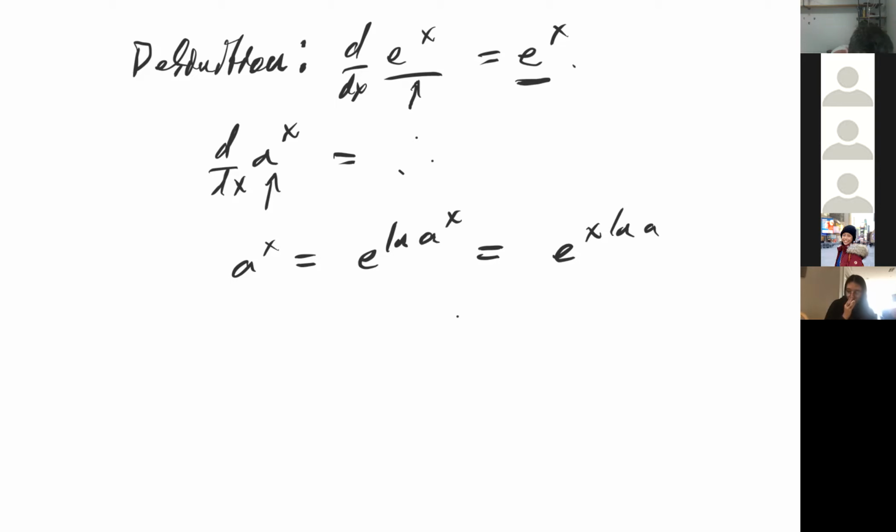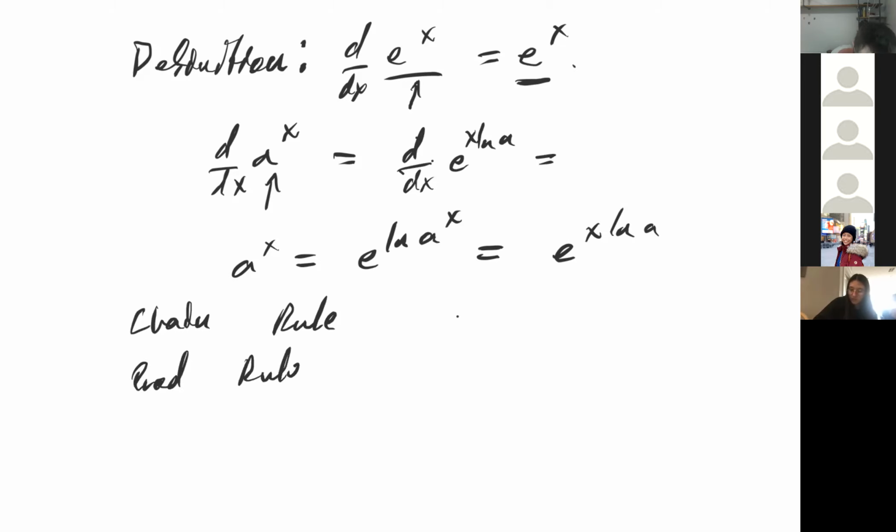So then we can rewrite this as d/dx of e to the ln a times x, and now all we have to do is use the chain rule. Before I go any further, let me remind you of the chain rule and the product rule.